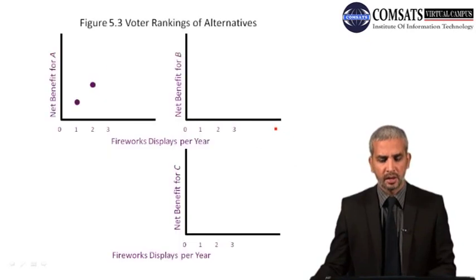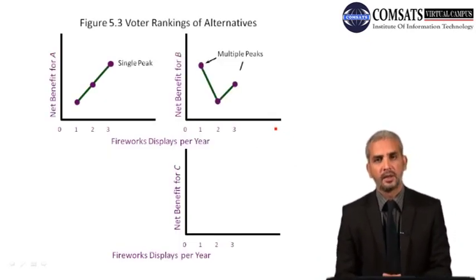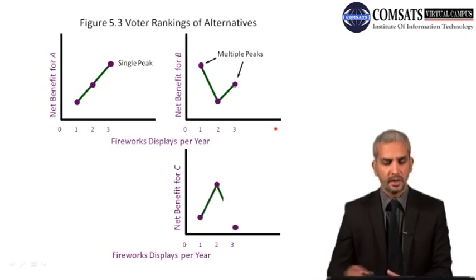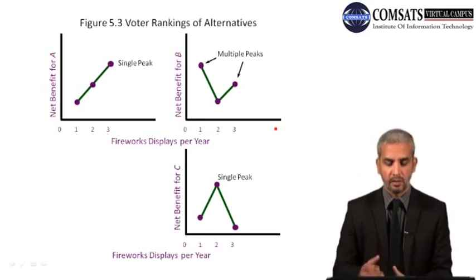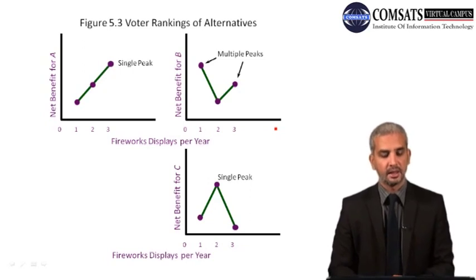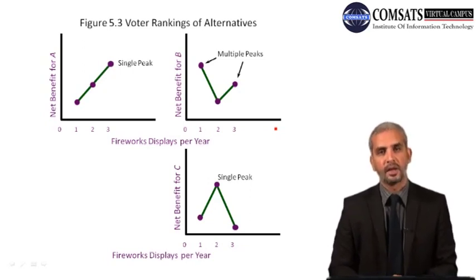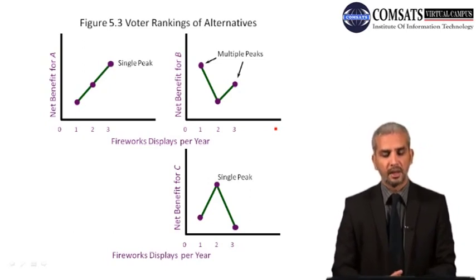So based on this, you can see the 3 graphs over here for 3 different individuals. Now these graphs show that there is a single peak for voter A. First let me explain the graphs. On the x-axis there is the number of fireworks per year, taking that example onwards towards graphical analysis.